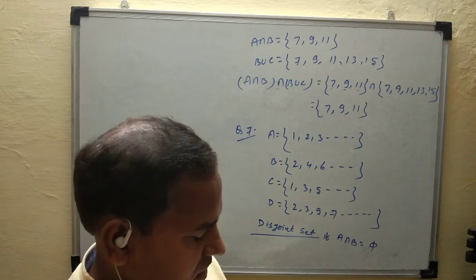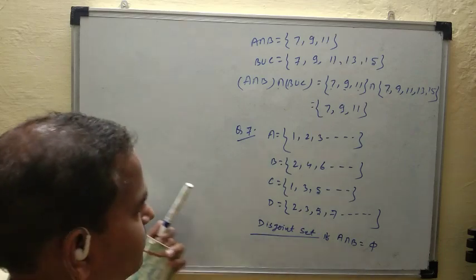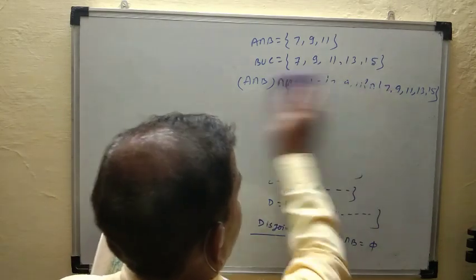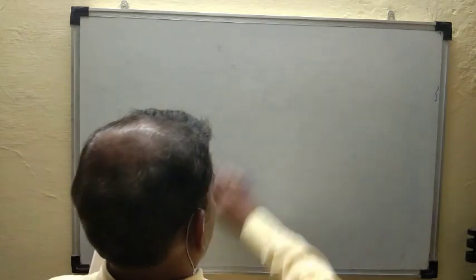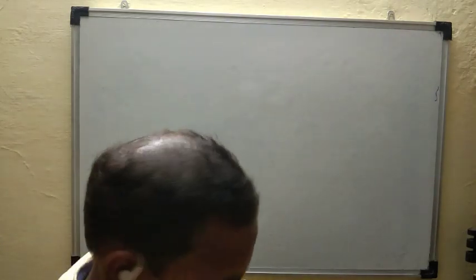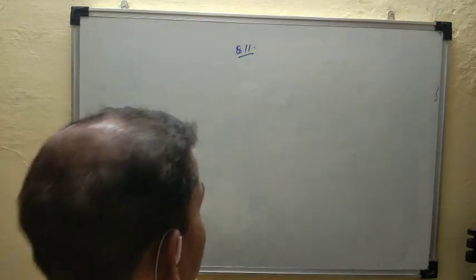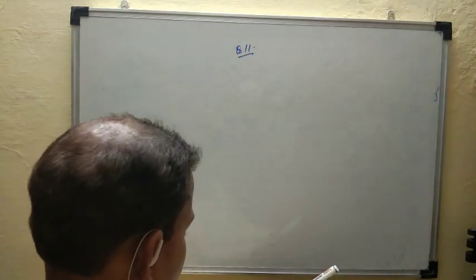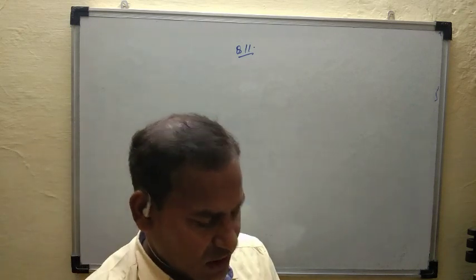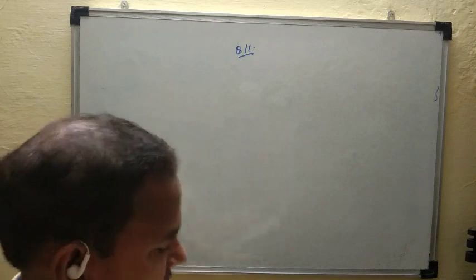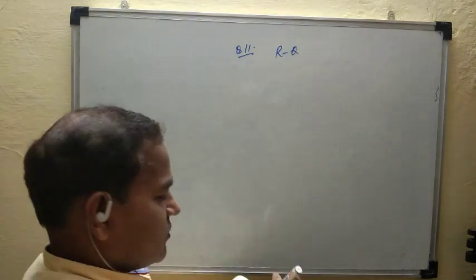Question number 10 is the same. Question number 11. R is the set of real numbers and Q is the set of rational numbers. Then what is R minus Q?